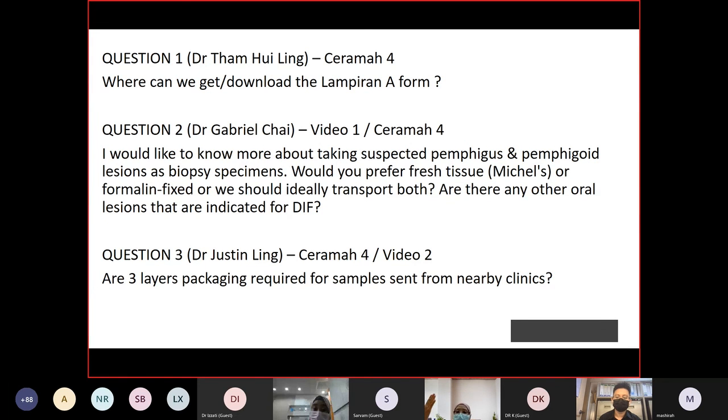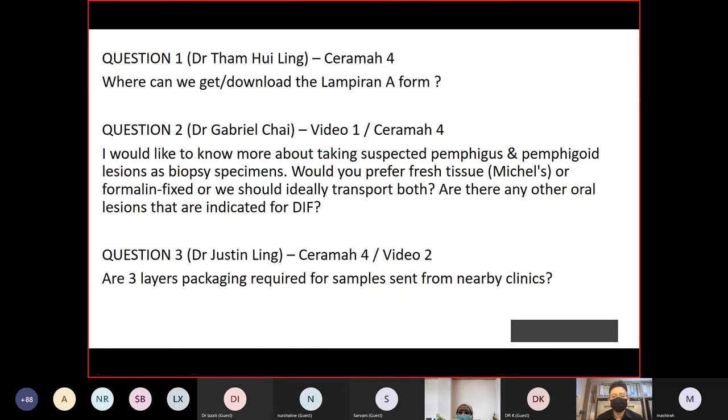It's the same form. So I hope that answers Dr. Tam, who is from Sri Aman, Sarawak. You can get it from the lab at Hospital Sri Aman, and we don't have a Lampiran A.